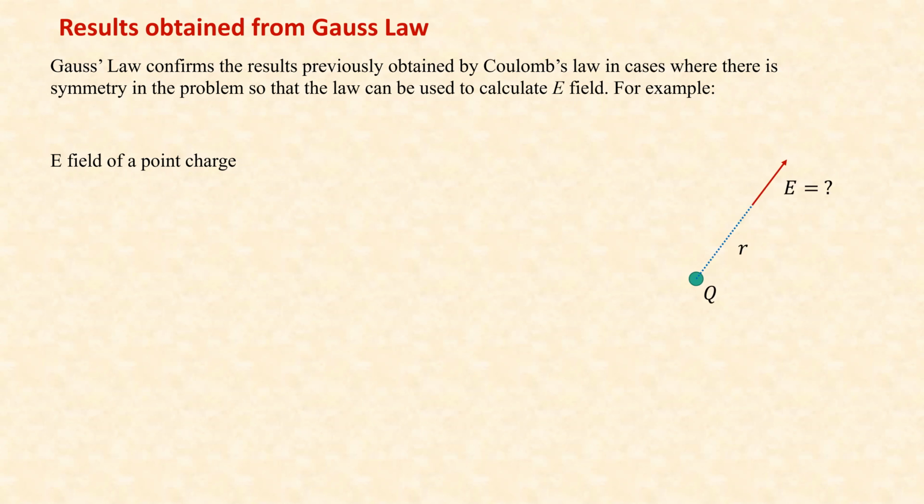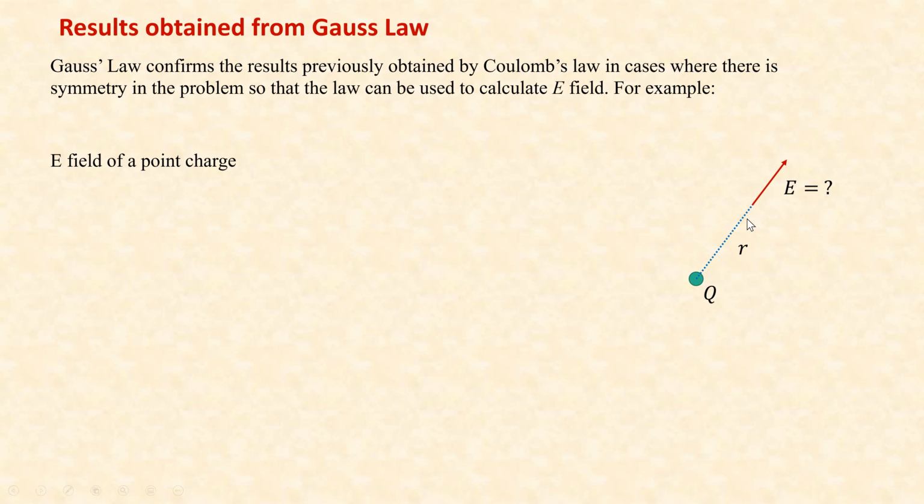So, for example, if we have a point charge Q, we want to see what the electric field is at distance r from it. Of course, here in the figure, we consider the electric field to be radial. We don't even need to know it is radial because we can argue this way. Suppose we know Gauss's law.